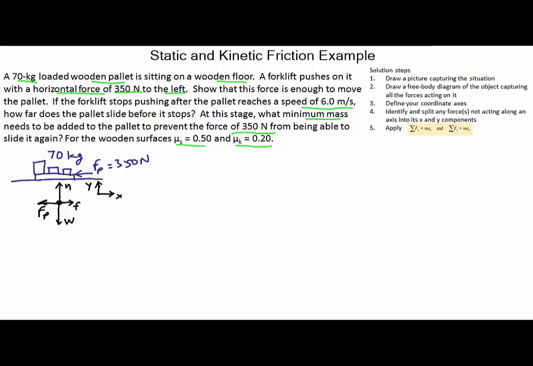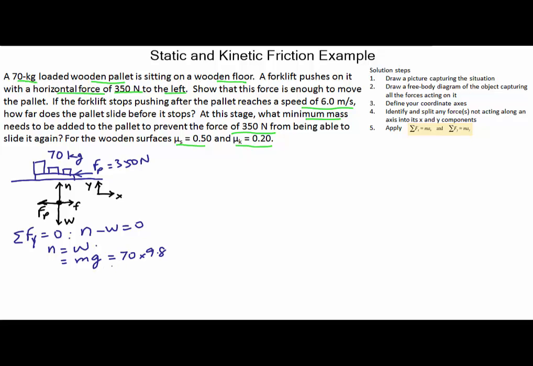This pallet may be moving horizontally, but it's certainly not moving vertically. So that gives me a condition that the sum of Fy has to be 0 because this object is in equilibrium along the y-axis. That gives me N minus W equals 0, or N equals W, and W is nothing but mass times the acceleration due to gravity, which in this case is 70 times 9.8.